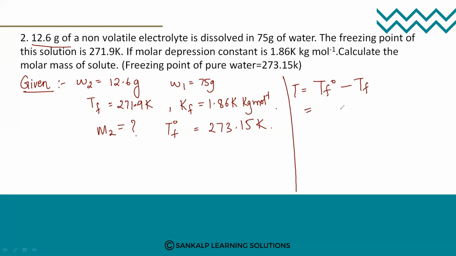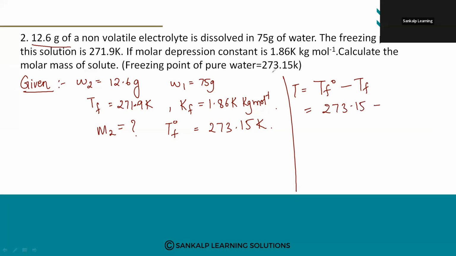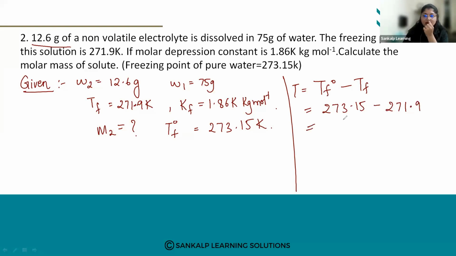So what is TF naught? It is 273.15 minus 271.9. So what will be the answer? This comes to 1.21 Kelvin. Okay.